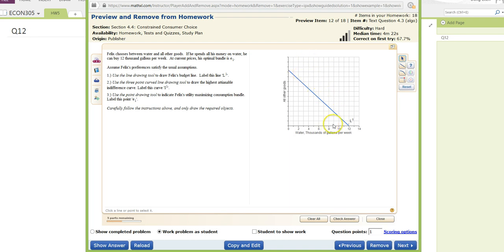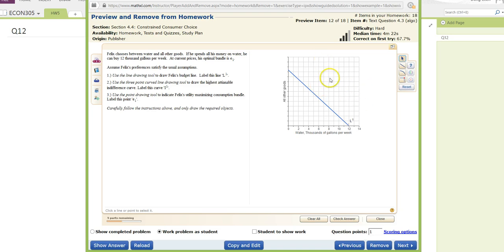The ones which don't touch the budget line are not attainable, even though they have a higher utility. The indifference curves which are further from the origin have higher utilities, but those that do not touch the budget line are not attainable.